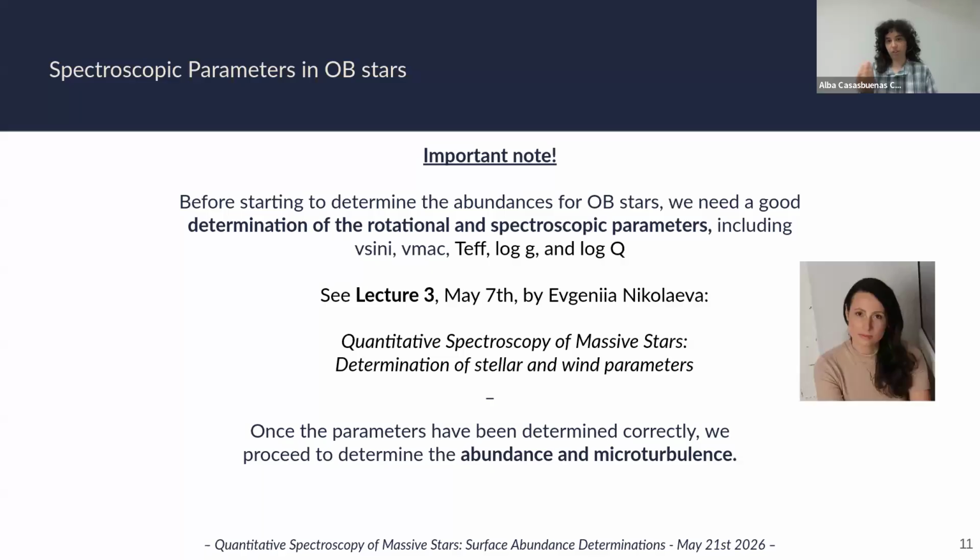Again, I encourage you, if you haven't already, to go back and watch lecture 3, which focuses on the determination of stellar and wind parameters of massive stars, in which she did a really nice and comprehensive review on how to determine the parameters. And it's only once we have a good determination of the parameters that we can go on to determine the abundance and the microturbulence.